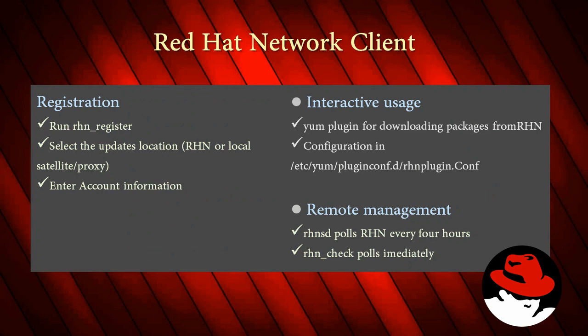You could enter the account information for authenticating to Red Hat Network, satellite or proxy. For interactive usage, you could use the yum plugin for downloading packages from Red Hat Network, which you could configure in the rhnplugin.conf file located in /etc/yum.